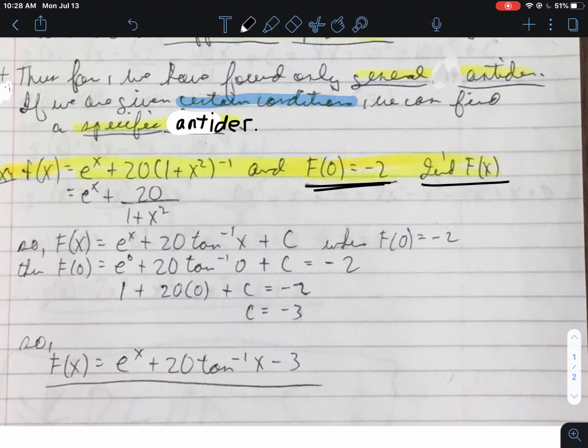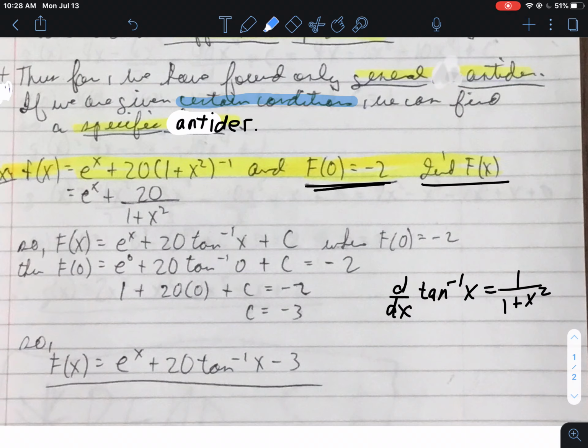Now what I want you to recognize, remember that the derivative of inverse tangent of x is 1 over 1 plus x squared. I'm reminding you of that because you're going to see that one pop up a couple times in homework problems going forward.